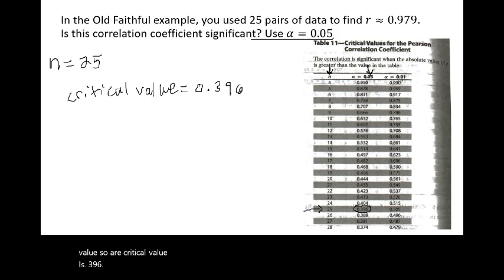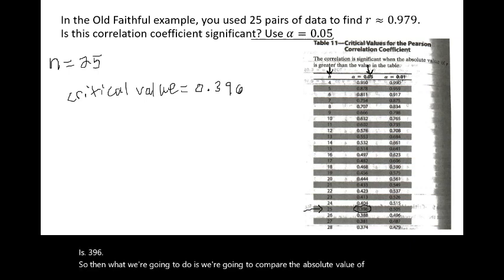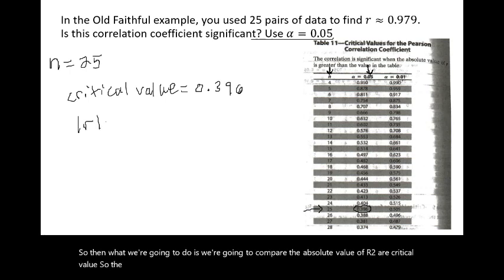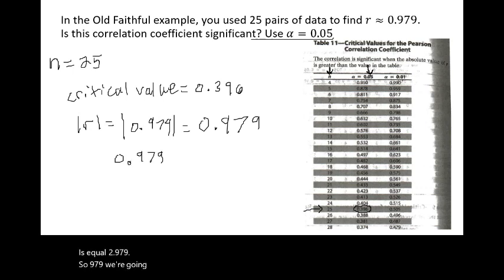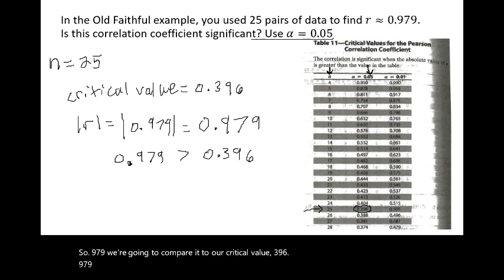Then we are going to compare the absolute value of R to our critical value. The absolute value of our R, the absolute value of 0.979, is equal to 0.979. We're going to compare it to our critical value, 0.396. 0.979 is greater than 0.396, so the absolute value of R is greater than your critical value.